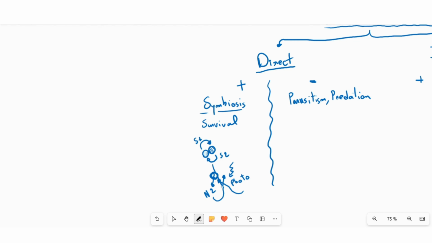So as you can see, the bacteria requires the plant to produce these substances for it to survive, and the plant requires the nitrogen, or the more absorbable form of nitrogen, for it to survive. So this is basically about survival. They need each other. It is a positive interaction.